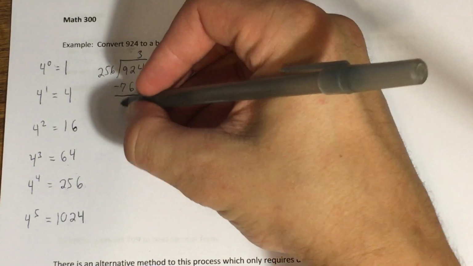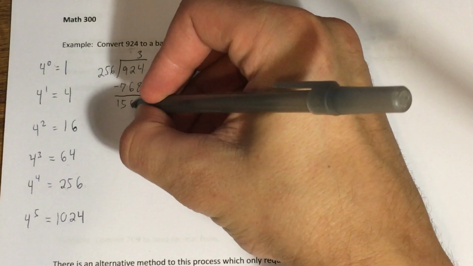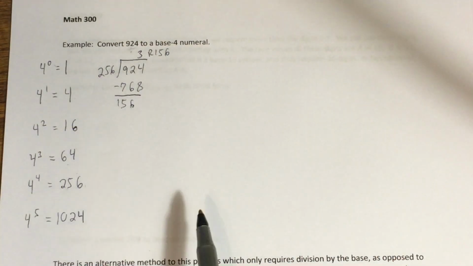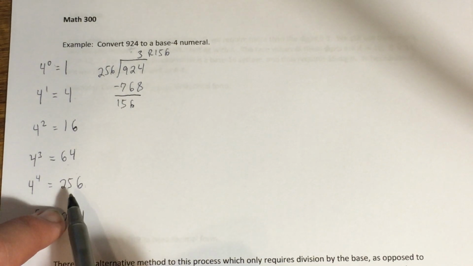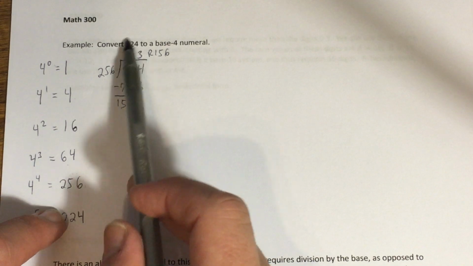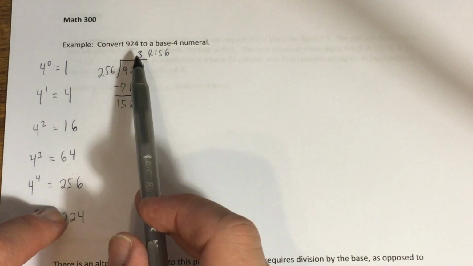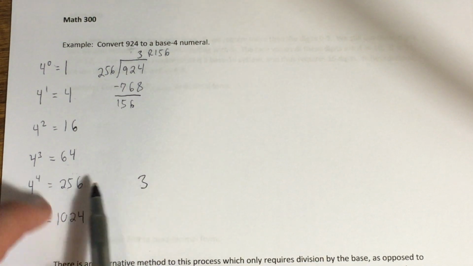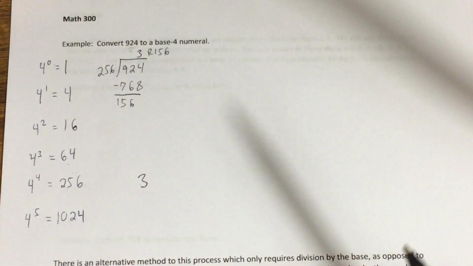And then if I subtract, I should get 156, which would be my remainder. Okay? So I'm seeing here that the number 256 goes into my decimal number, 924, 3 times. That means I'm going to have a 3 in my 256's place.